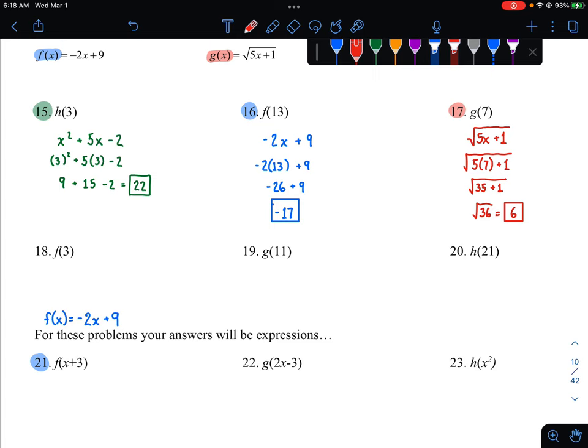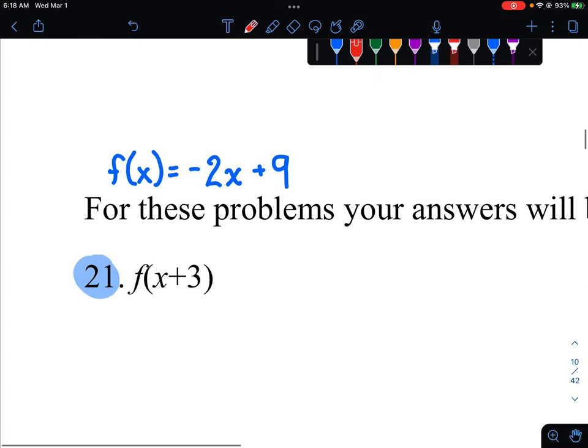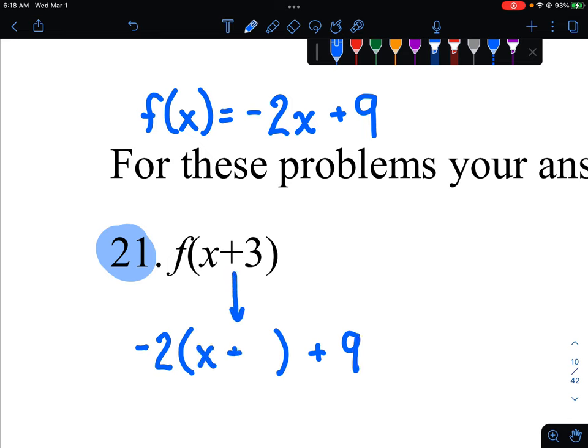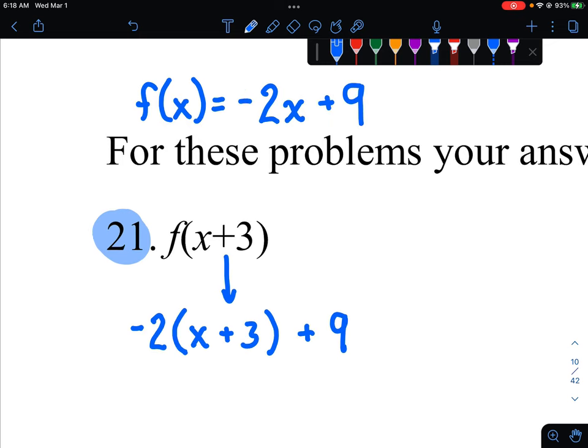Now we can also, and this is going to be important when we talk about composition, take this function f of x and plug something other than a number in there. So I'm going to replace this x in negative 2x plus 9 with this x plus 3, which is weird, but that just represents a variable, some number.